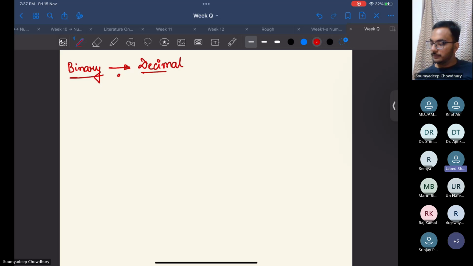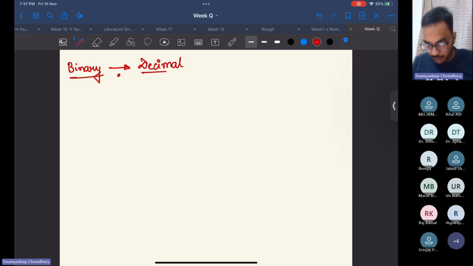Sorry, sir. As far as I know, there is a MATLAB pre-built syntax to convert binary to decimal or decimal to binary. But why are we using numerical methods? This has nothing to do with numerical methods. This is just a technique. MATLAB has everything. Whether it is the Taylor series or whatever algorithm we wrote code for, MATLAB has inbuilt functions for those.